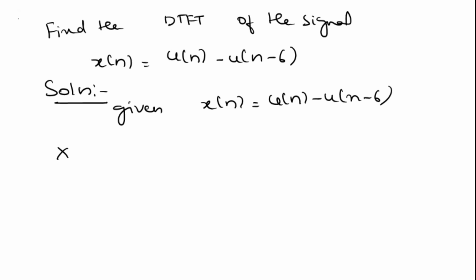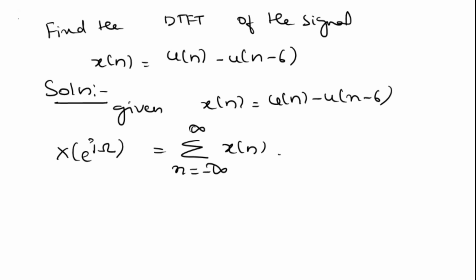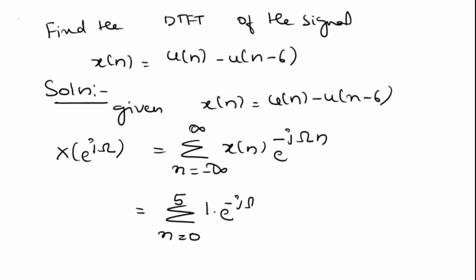and we know that X of e power j omega is equal to summation n is equal to minus infinity to infinity x of n into e power minus j omega n, which is equal to summation n is equal to 0 to 5 1 into e power minus j omega n, or X of e power j omega.